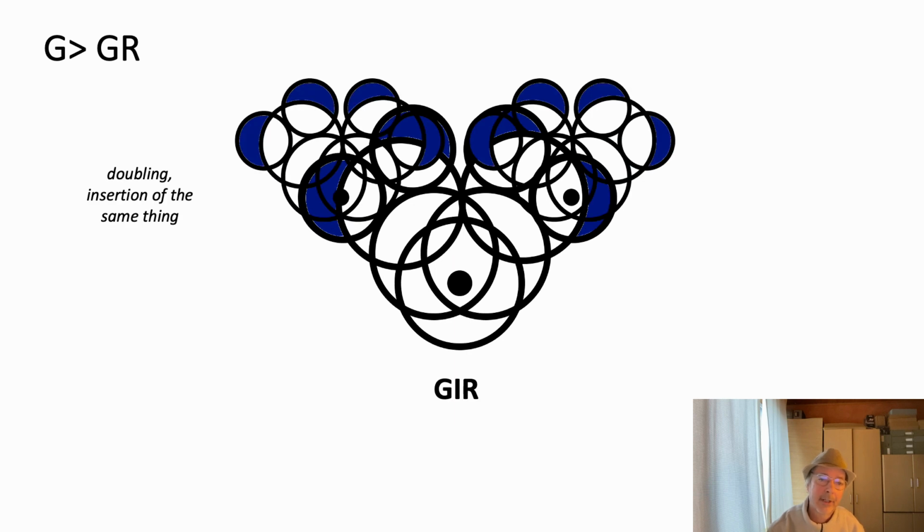So with GIR, I will also double what is going on here. The whole structure of the outer layer has a structure like this with GIR.